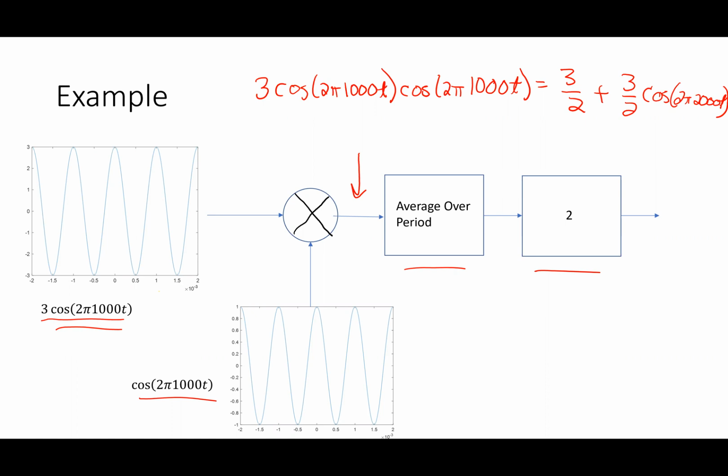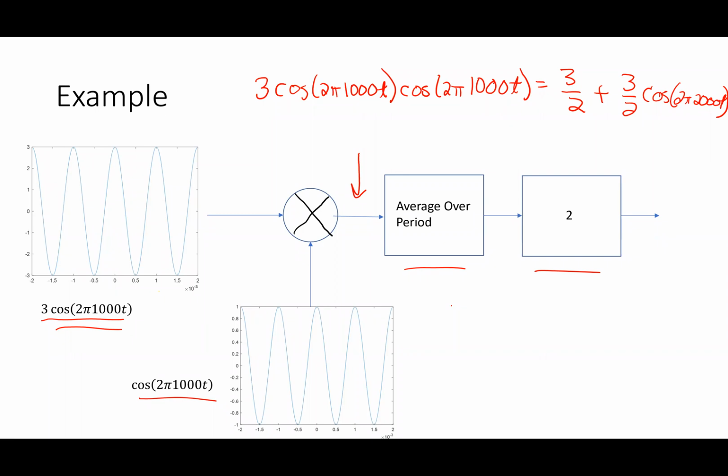Now, again, I'm not expecting that you necessarily remember that trig identity, but that is the trig identity. What I'm doing then is averaging that over a period. So what did we say last time? What's the definition of an average of a waveform? The definition of an average is I sum and I divide by the number of things I sum, right? That's the way you think of an average. But if I take a function and average it over a period, what is the formula for that?